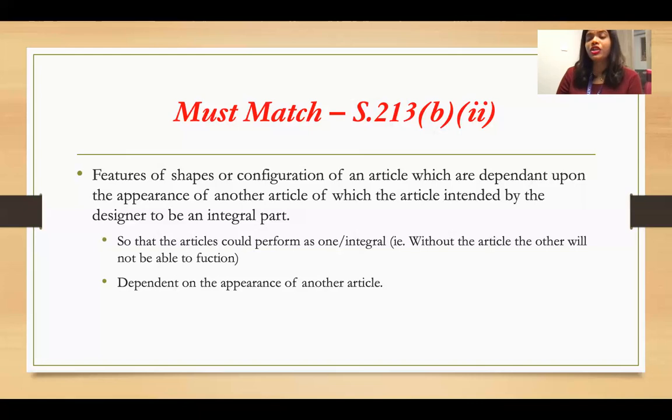So when we talk about must match, the most important thing here is the dependency of the product. If the product is very dependent on the car, that product will be called an integral product. If this car doesn't have the door, people would not buy the car.